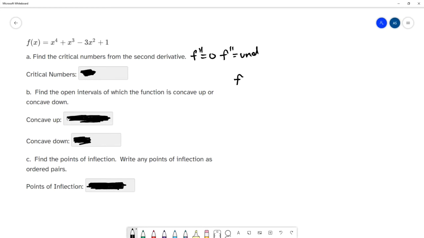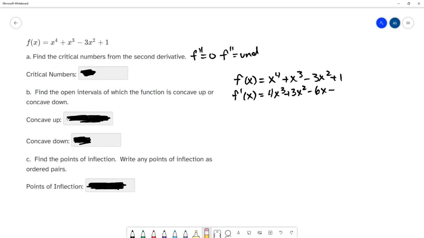We have our original function being x to the 4th plus x cubed minus 3x squared plus 1. So we need the first derivative before we can get to the second derivative. So the first derivative would be 4x cubed plus 3x squared minus 6x.